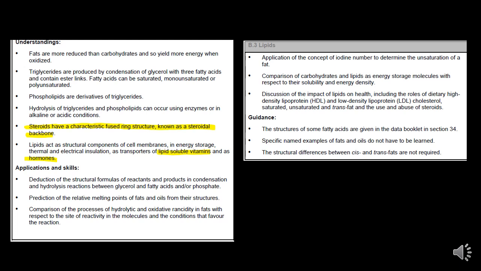I'm then going to talk about HDL and LDL cholesterol and the use and abuse of steroids. So I'm really only talking about steroids today and going to tick off those 3 steroid points.